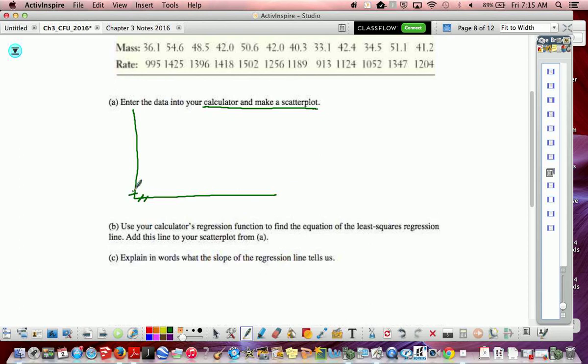I'm going to be breaking the graph in both directions. Because if I look at my mass values, they're basically going from a low of about 33 to a high of about 55, just under 55. So I'm going to count by fives here starting at 30.